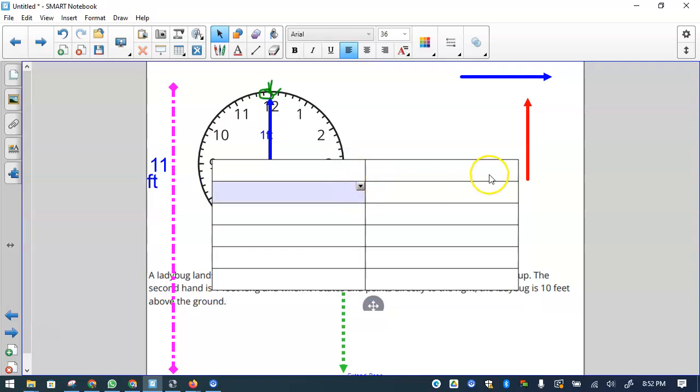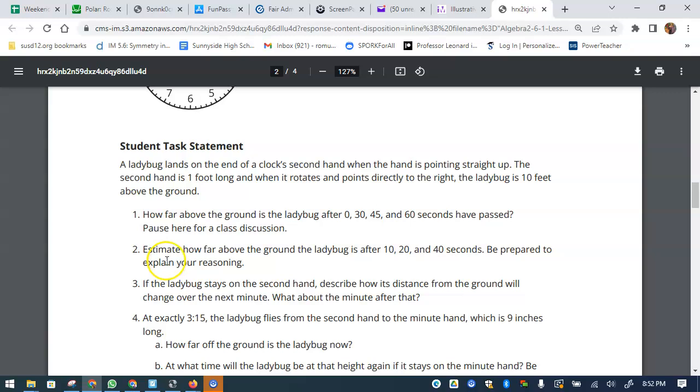The next question they're asking is, how far above the ground is the ladybug at 0, 30, 45, 60 seconds? When so many seconds pass, can you figure out how far above the ground? And we're supposed to discuss, but I'm just giving you independent work.